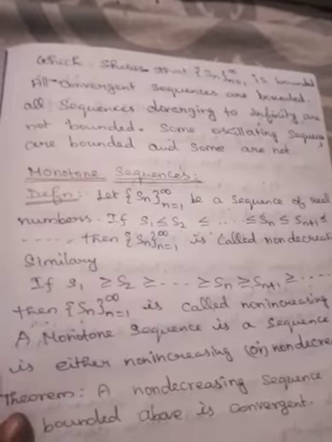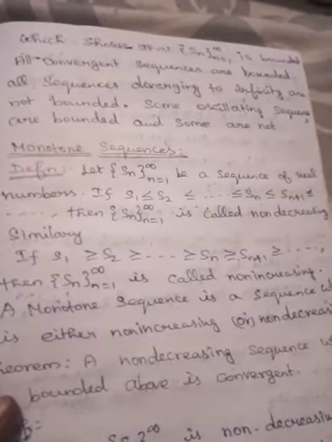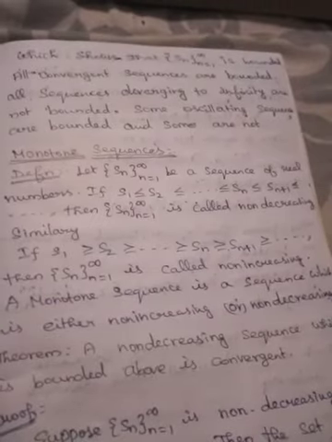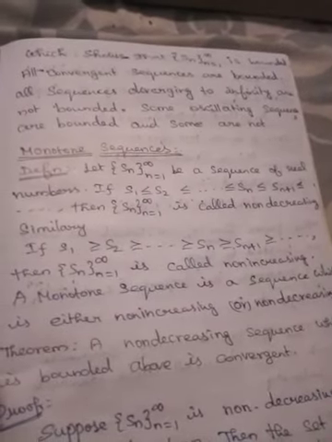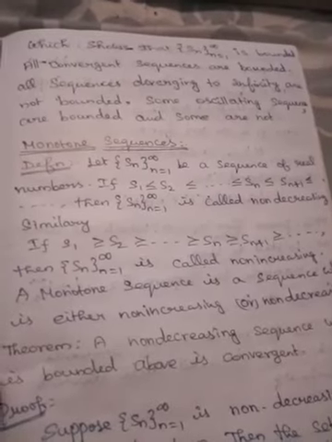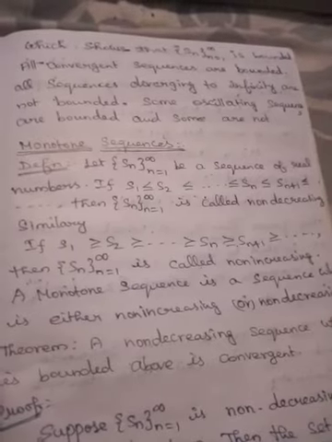Next definition, monotone sequence. Let {Sn}, n equal to 1 to infinity, be a sequence of real numbers. If S1 is less than or equal to S2 is less than or equal to etc., less than or equal to Sn is less than or equal to S(n plus 1) less than or equal to etc., then {Sn} is called non-decreasing.